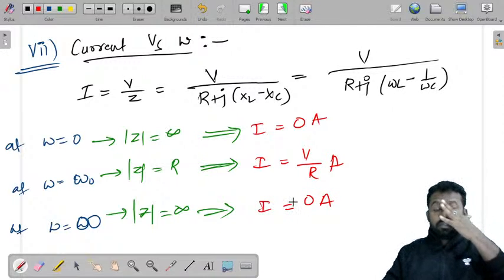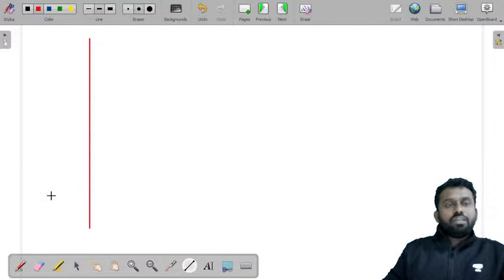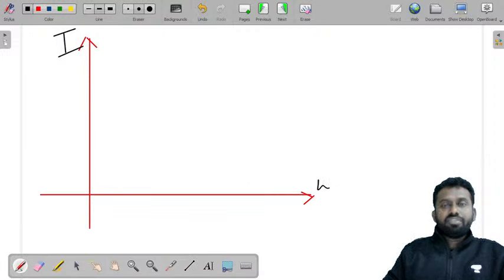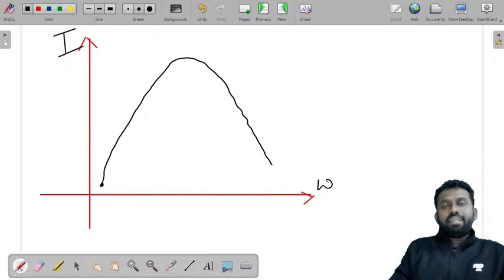If you try to plot this current versus frequency curve, I versus frequency, it is approximately 0 at this point, and it is maximum at the resonant frequency, then it is again decreasing.